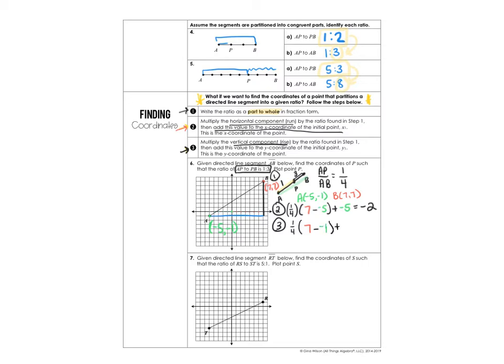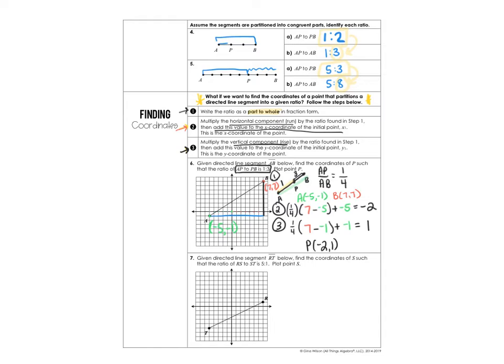Then we need to add that to our original y starting point. And that's going to give us our answer for our new y-coordinate, which would be the y-coordinate of P. Type that into your calculator, do the mental math, do the algebraic simplifying, however you get that answer, and you should get 1. So that tells us that the point P is -2, 1.